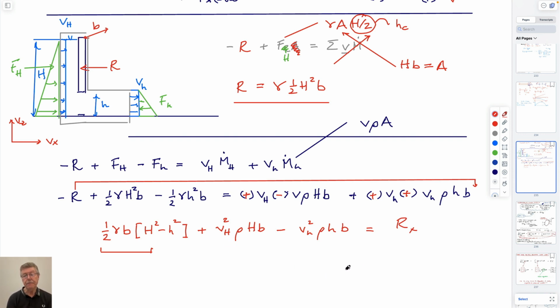In the limit, if H is much bigger than h, so if this is a tall dam and it's only a very small piece coming out, then by definition, this velocity here is almost zero, right? Because we can write rho H V_H equals rho h v, right?